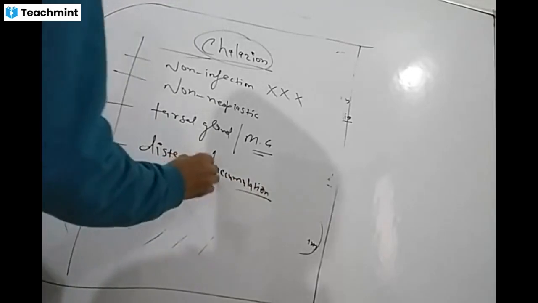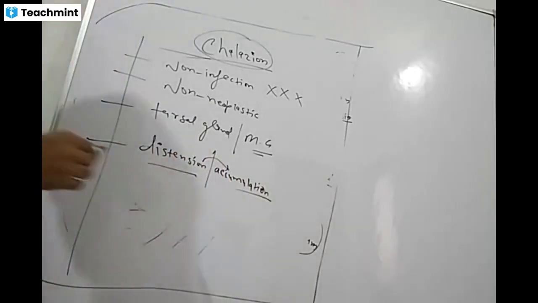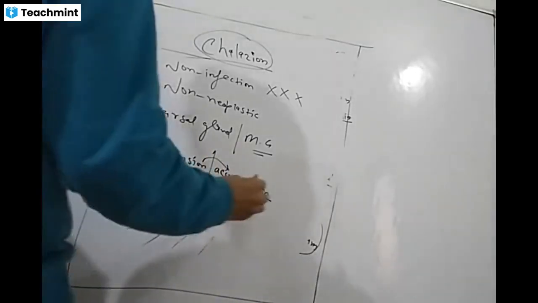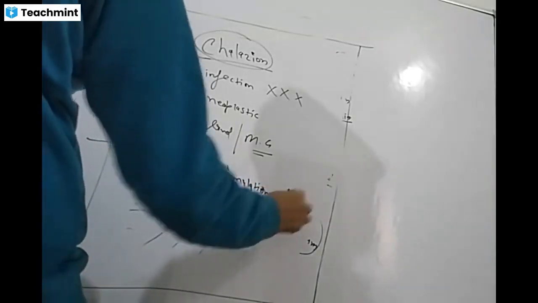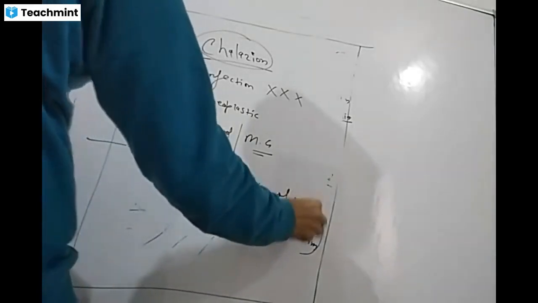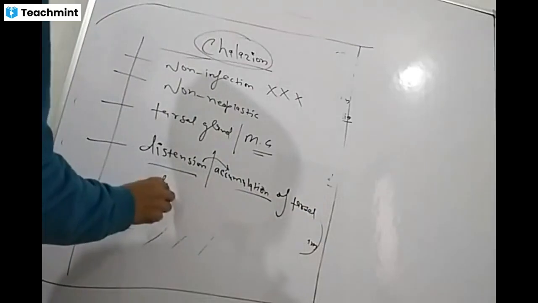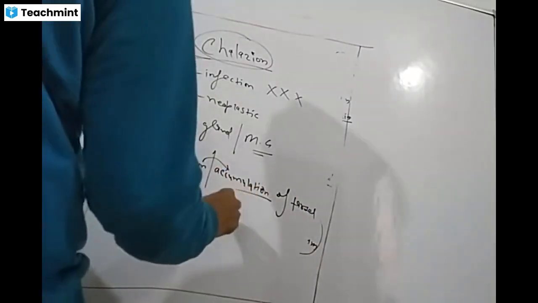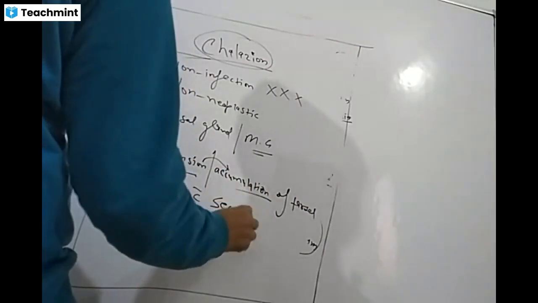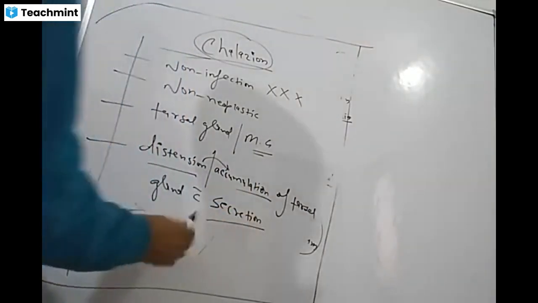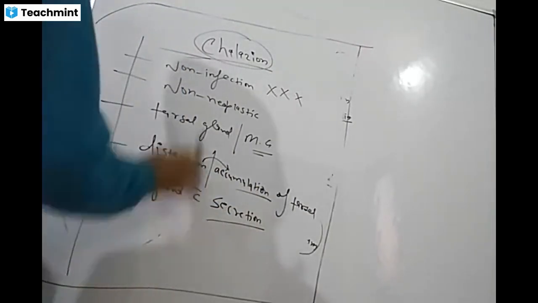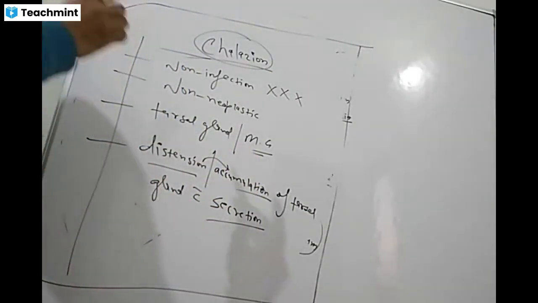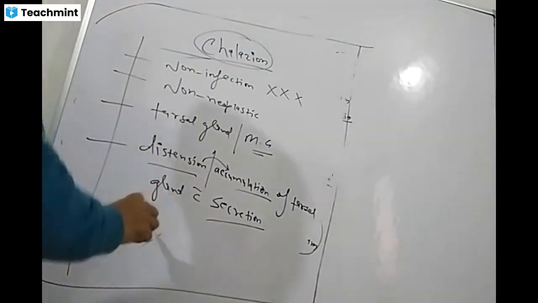Distension of tarsal gland due to accumulation. So distension or accumulation of tarsal gland with secretion. Why is there distension or accumulation of this gland?